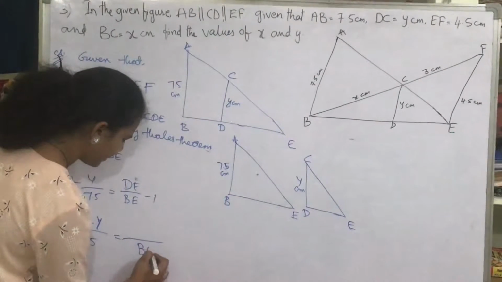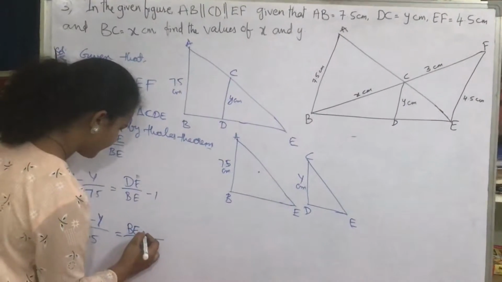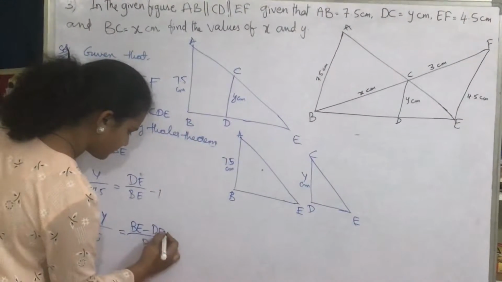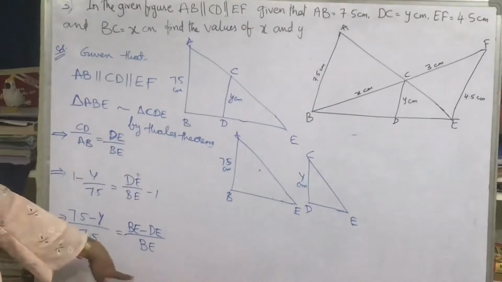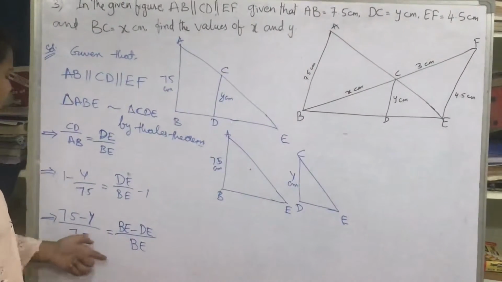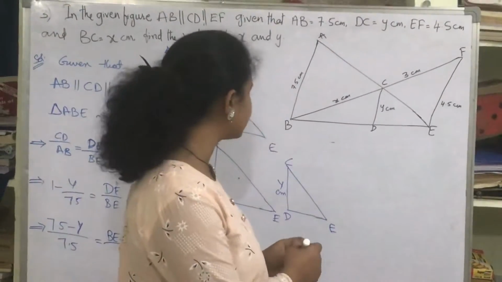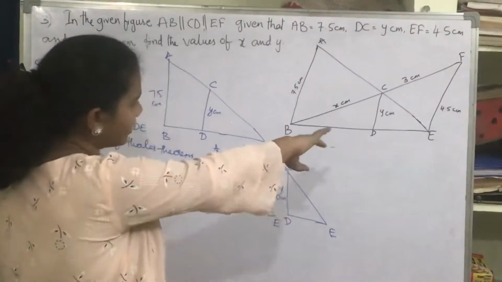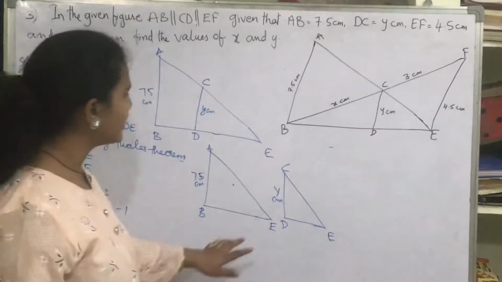Let BE be BE. So by taking LCM, this becomes BE minus DE by BE. Now here BE minus DE. Now just consider this figure. If you look into this figure, you have BE minus DE given. So here you have BE.